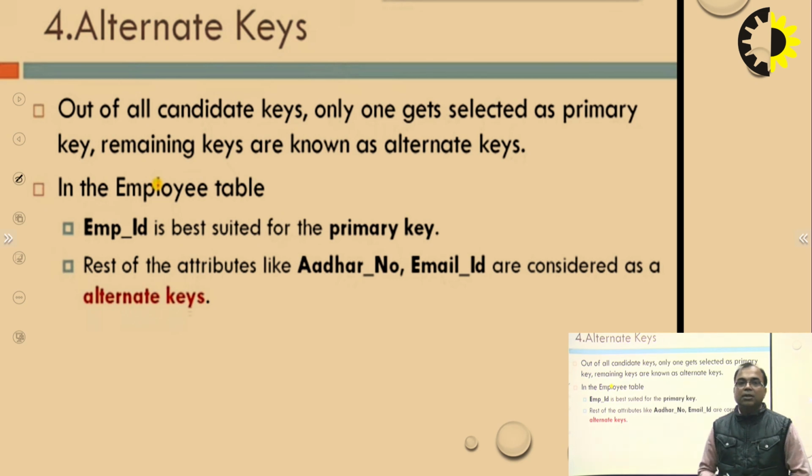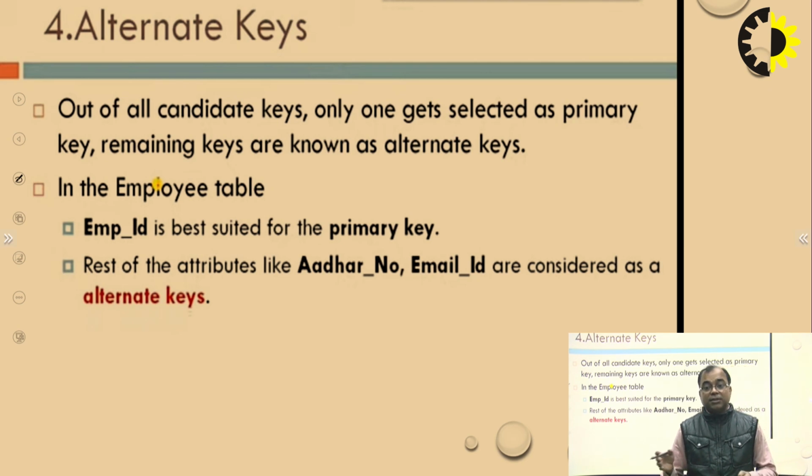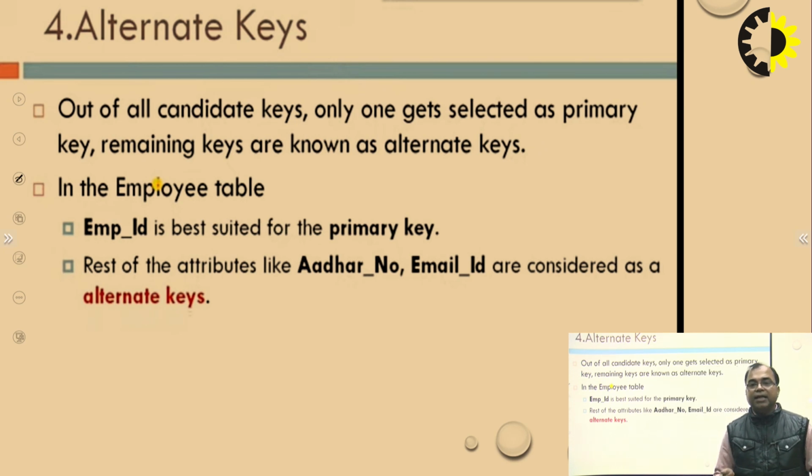Next, alternate key. What is an alternate key? First we find the super key, meaning combinations of all. Then we select the uniquely identifying or minimal keys, that is what a candidate key is. Then we find the primary key from those minimal candidate keys, and now we have an alternate key.